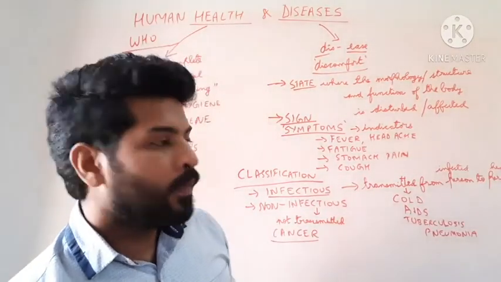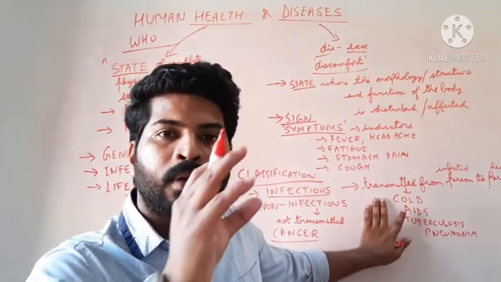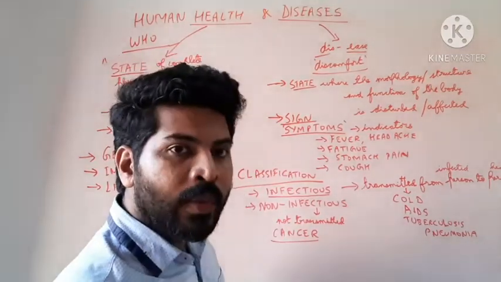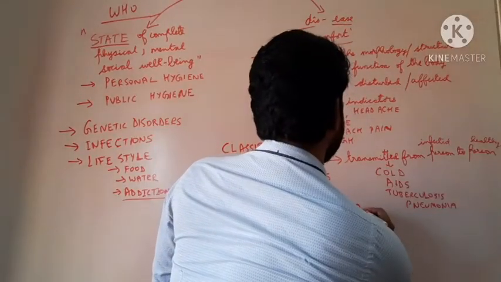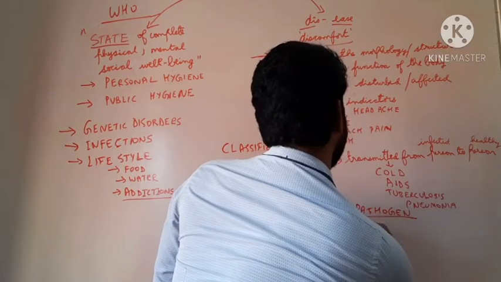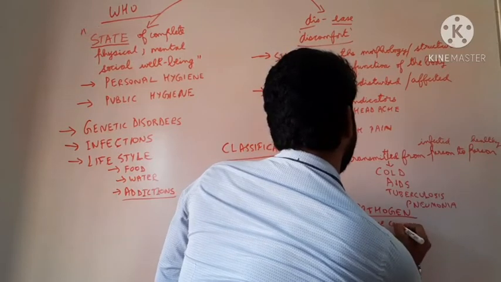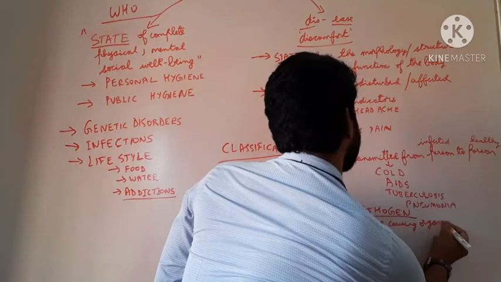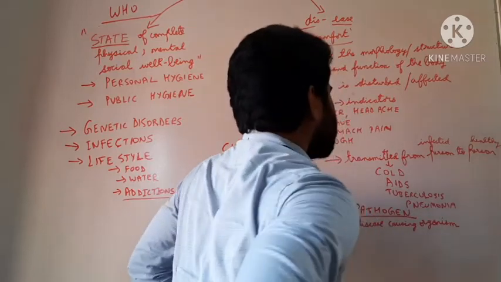In the case of infectious disease, where the disease is spread from an infected person to a healthy person, there is almost always the presence of a pathogen. Pathogen is the primary cause for the disease. It can be simply defined as a disease causing organism. So any organism responsible for causing the disease is called a pathogen.